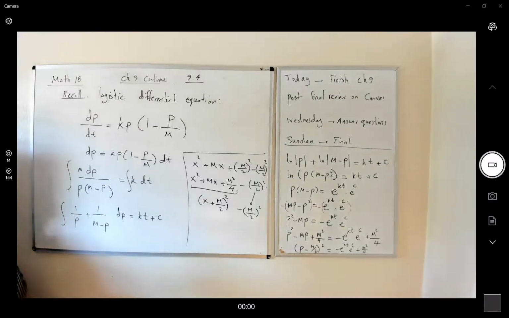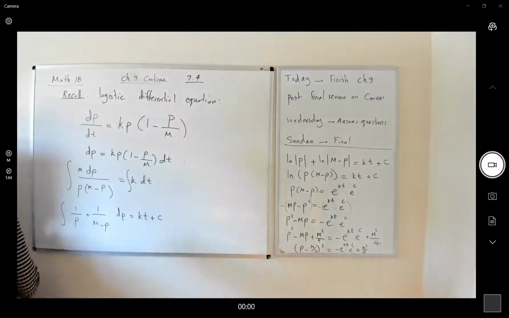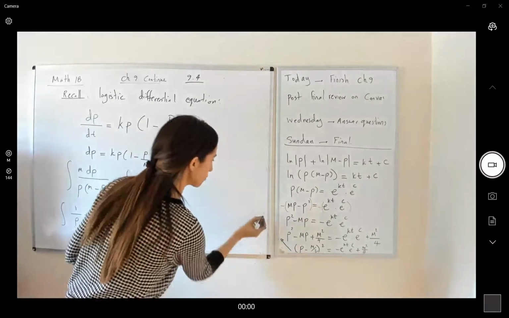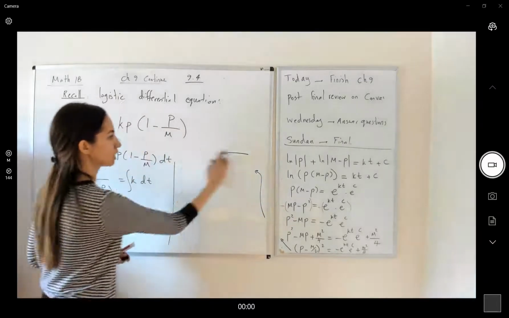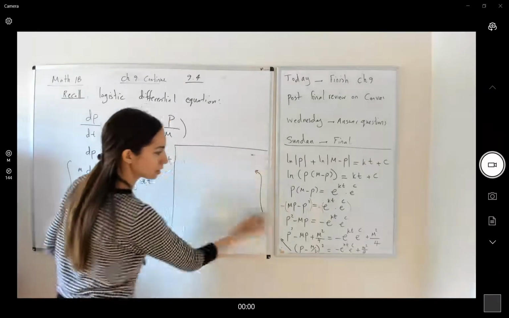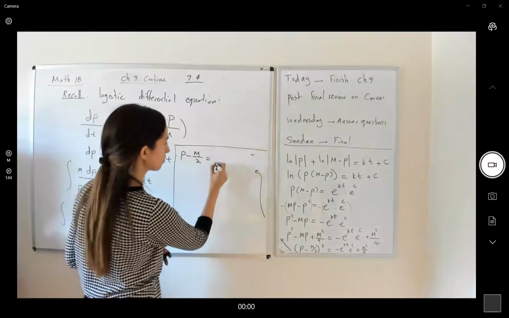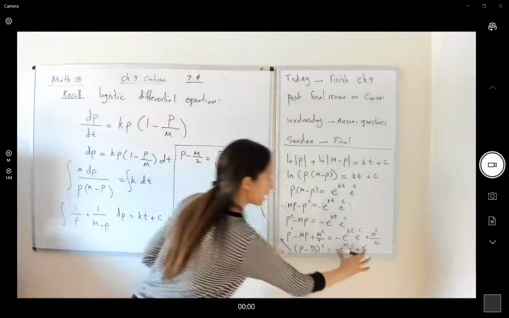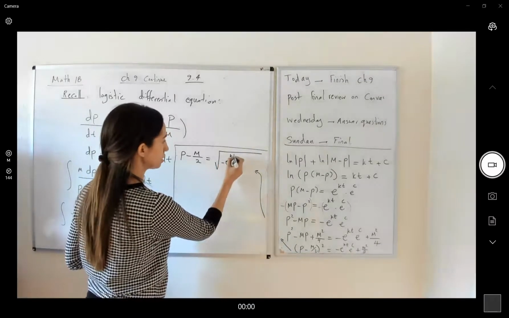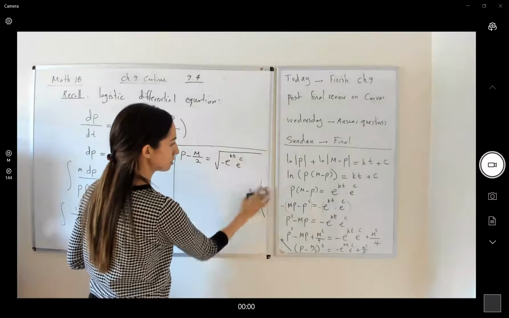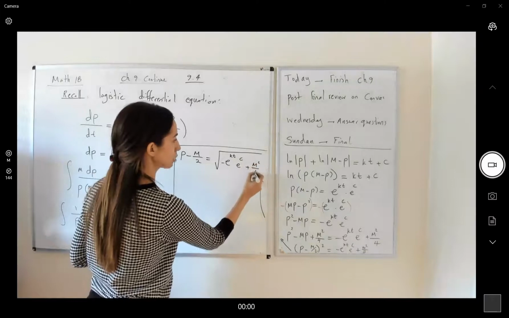There you go. So let us erase this part and write down the rest of it here. I'm continuing this part. Okay, very well. So what do we have? We have P minus M over 2 equals the square root of negative e to the kt e to the C plus M squared over 4.